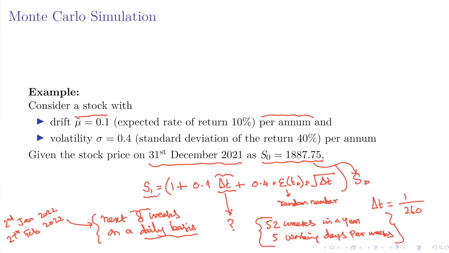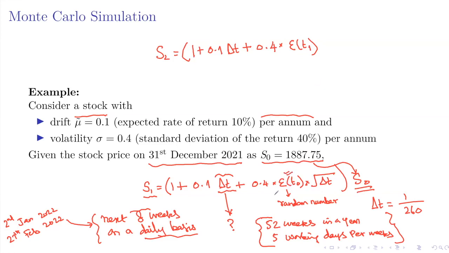Once you get S1, you can simply put that value in the place of S0, and you can get S2 as again 1 plus 0.1 into delta t, which we have already calculated in this particular example, plus 0.4 into, now again you will generate another random number. That random number is not necessarily equal to this one.